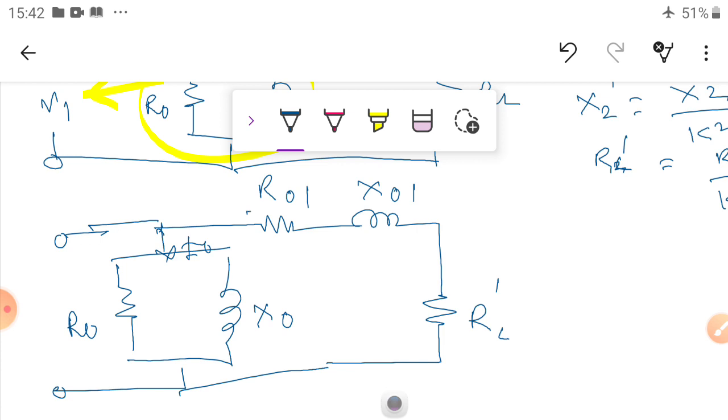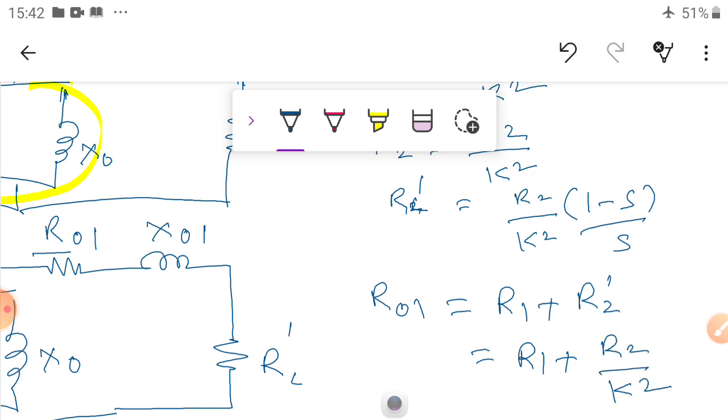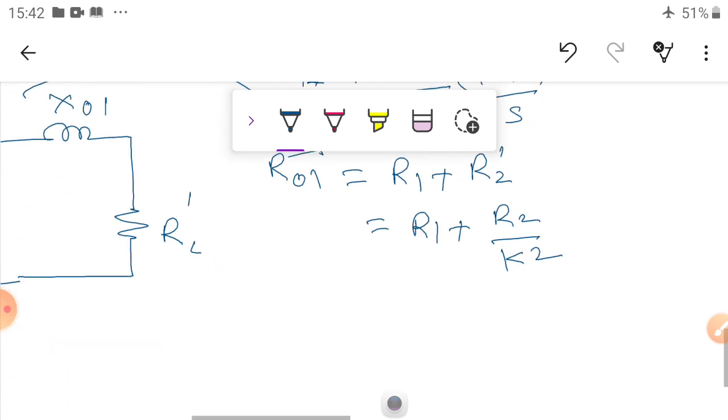So what is R01? We know that R01, the equivalent resistance referred to the primary, is equal to R1 plus R2 dash, that is R1 plus R2 by K square. Similarly, X01 we can write as X1 plus X2 by K square.